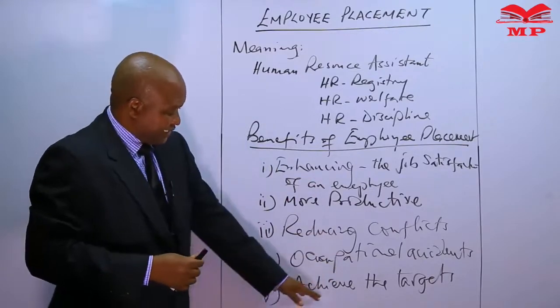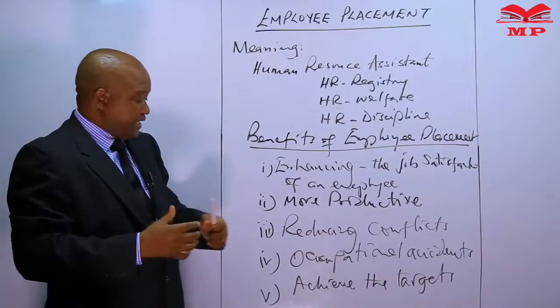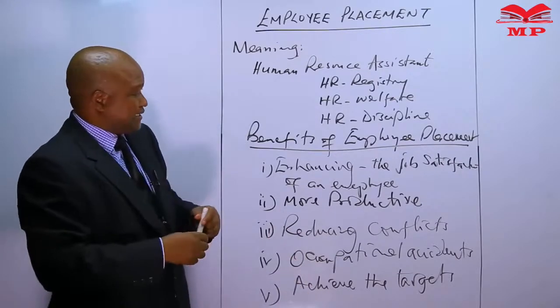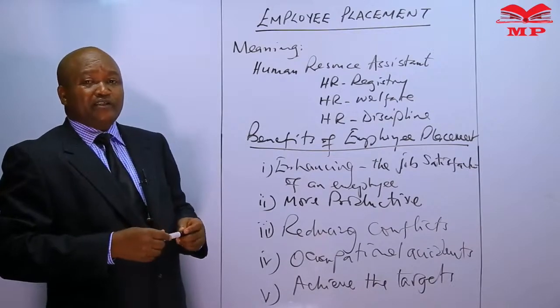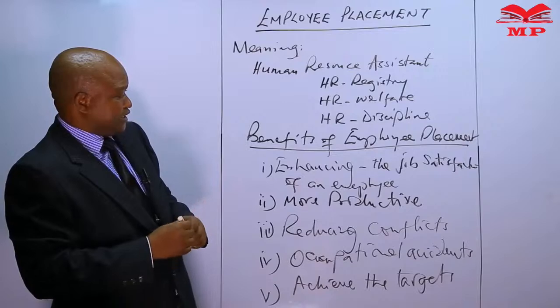And once they achieve the targets, then the working environment will basically enjoy a better image from the users, both from internal and external service providers or external customers that they serve within that particular organization.